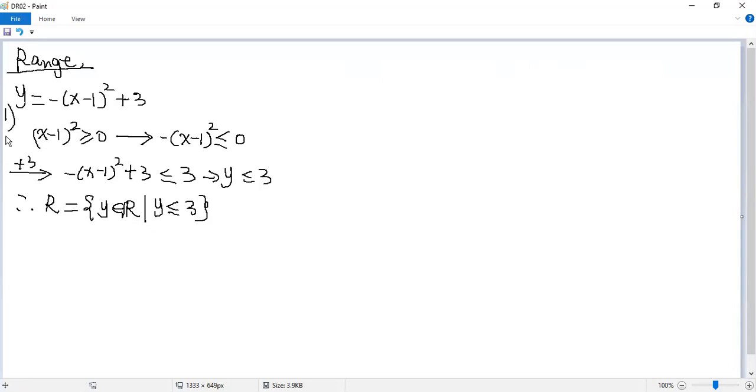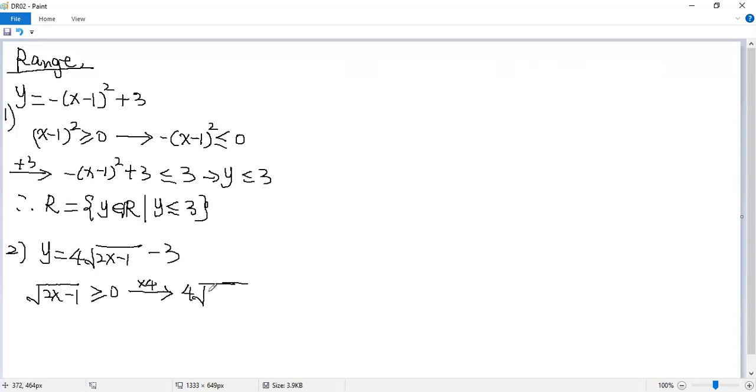Let's look at the next example, a square root function. So y equals 4 times the square root of 2x minus 1, minus 3. We know the outcome of a square root should be non-negative. So we get the square root of 2x minus 1 greater than or equal to 0. Both sides multiply by 4. So we get 4 times the square root of 2x minus 1, and the right side is 0.